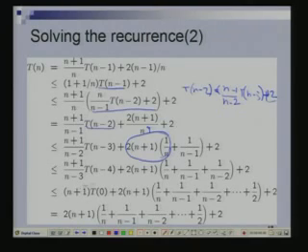So, I get just this thing, and inside here I will get all the terms going up to 1/2, and plus a 2. Since T(0) is 0, this part goes away, and so I get exactly this.